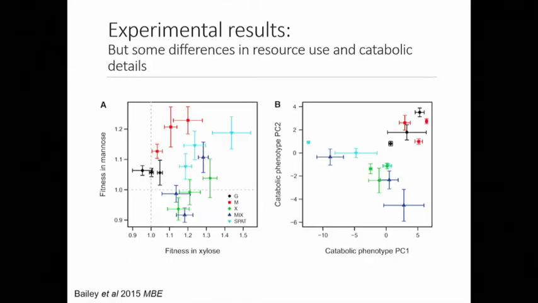Then looking a little more closely at the specifics of a resource use phenotype and then a catabolic resource phenotype. Let's focus on this panel to start with. I'm showing you fitness in xylose on the x-axis, fitness in mannose on the y-axis.